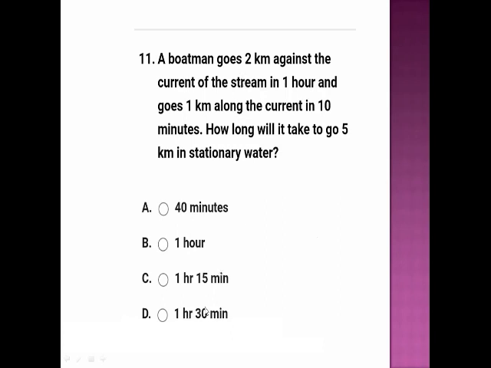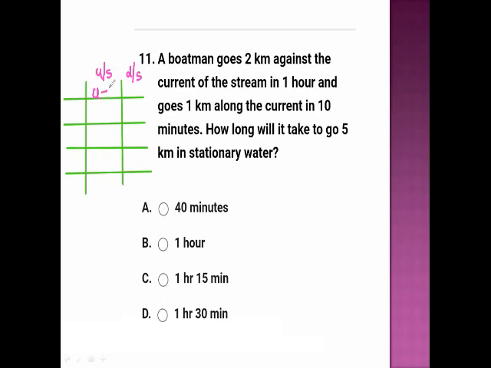Before that, I will make a table here. So this is the upstream side, this is the downstream side.